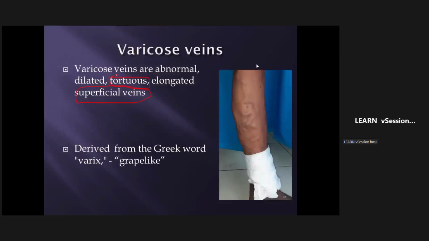Some people come with dilated upper limb veins to see whether that's also varicosity. That's not varicosity because it's only dilated, not tortuous, not elongated. Can you all hear? Yes, sir. Right. And the term varicose veins came from a Greek word.